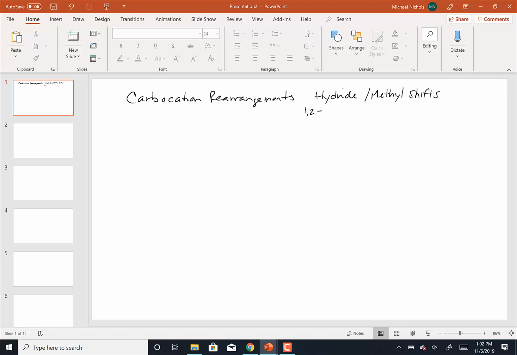So let's look at different possibilities here. Let's say I had this molecule with the chlorine, and I said, let's react this with water.